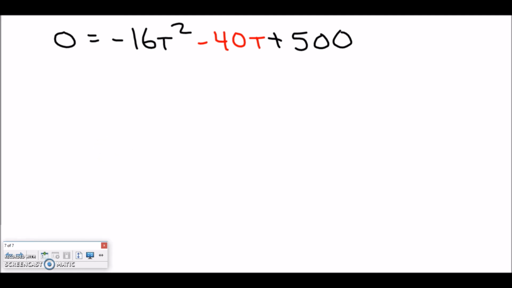Because they're throwing the rock down, it has to be negative. And hopefully you were thinking that already, that this is a different problem. So far we've been throwing things up into the air. That's why velocity was positive. This time we're throwing it down, so velocity is negative. If you wanted to, let's go ahead and make these numbers smaller.